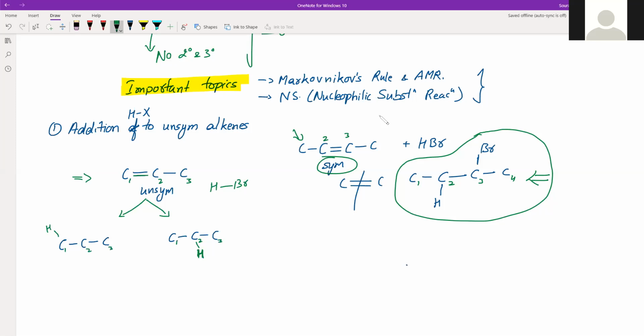So these are two different compounds. So there are two possibilities, as we have said.